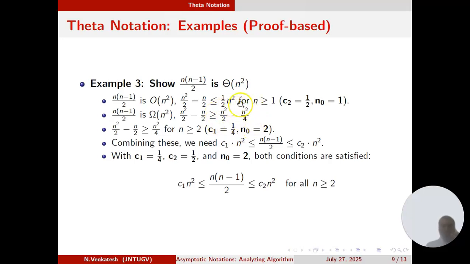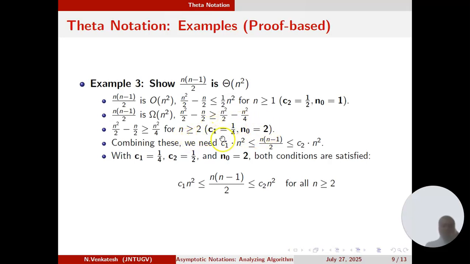So this is less than n into n minus 1 by 2. So n square by 2 minus n square by 4 is n square by 4, that is 1 by 4 into n square. So now we have some constant into n square, which is less than n into n minus 1 by 2, and this is true for all n values greater than 2.